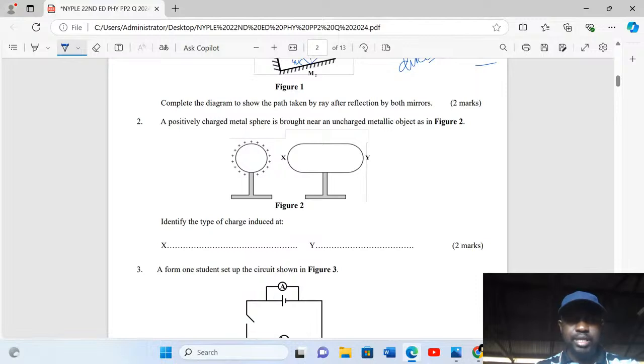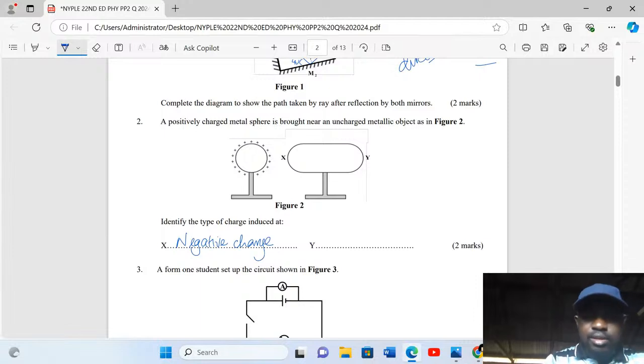Therefore, we expect negative charges to be attracted at X and the positive ones will be repelled all the way to Y. Therefore, I'll just say that at X, I'm having negative charges, while at Y, I'm having a positive charge.